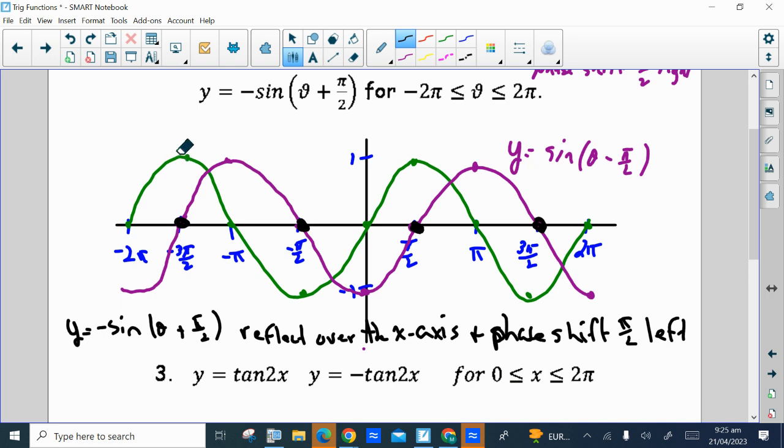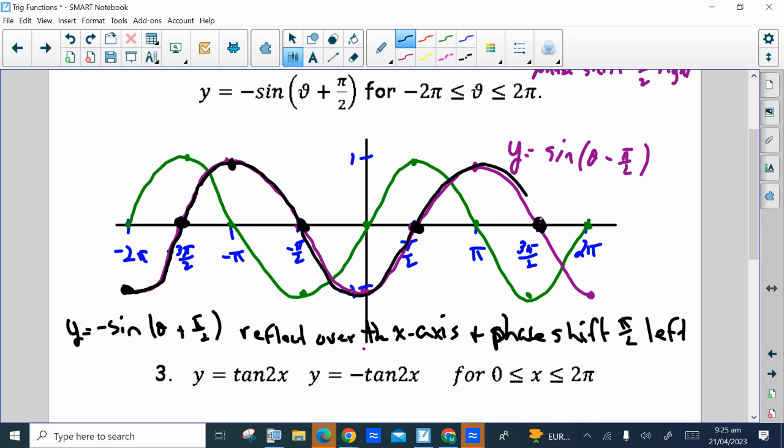So let's take this maximum. When you reflect it over the x-axis, it becomes a minimum, and then it goes pi over 2 to the left. It'll be that point down there. This minimum at negative pi on 2, when you reflect it, becomes a maximum, and then it goes pi on 2 to the left. So we're going to see here that the graph of negative sine of theta plus pi on 2 is the same as the graph of sine of theta minus pi on 2.